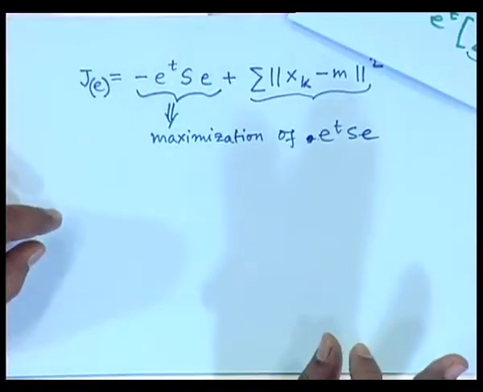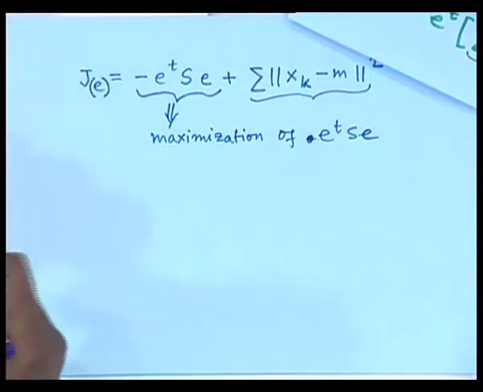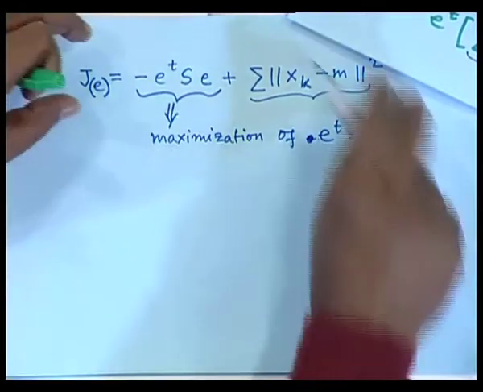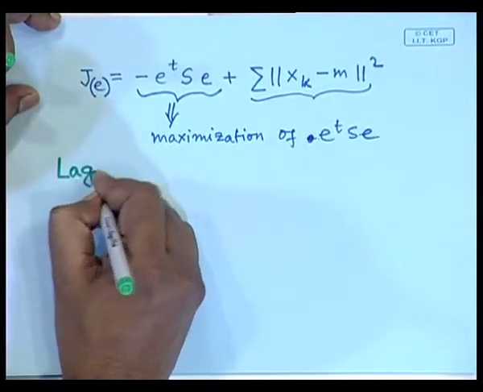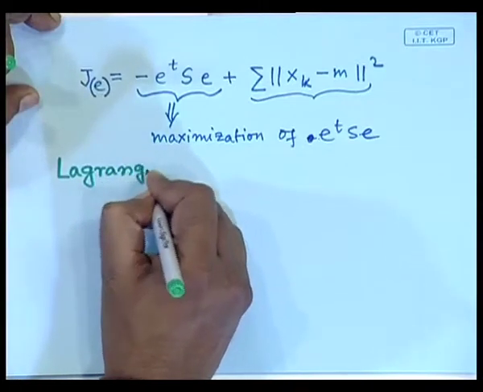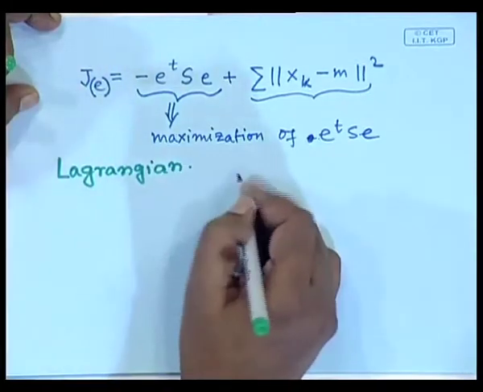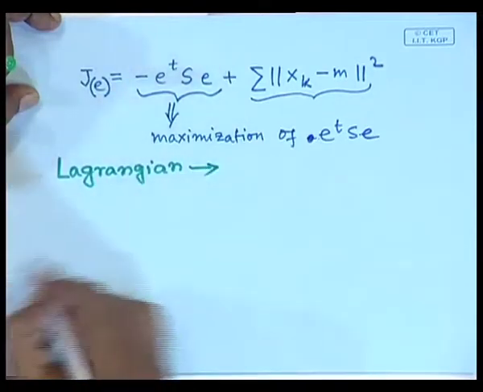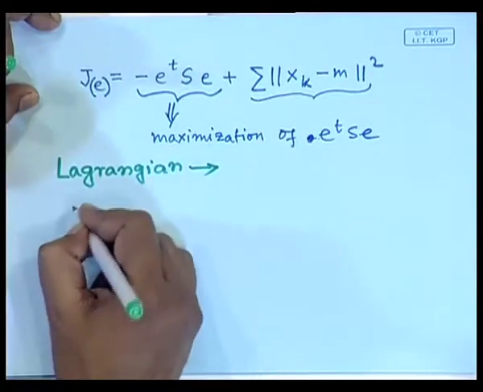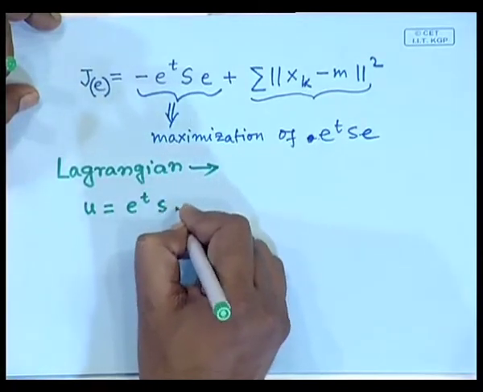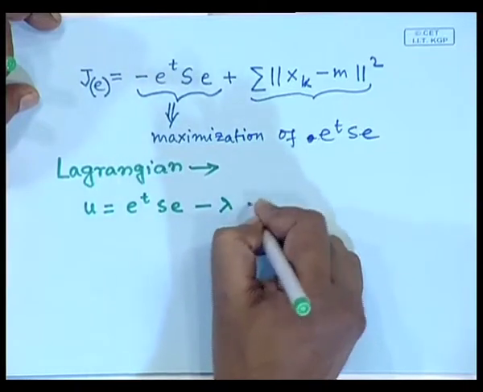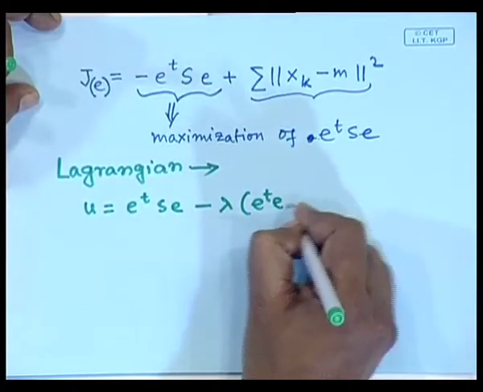Okay. So, what I have to look for is the maximization of E transpose S E. And for this maximization, if I make use of Lagrangian, I can have an expression of the form u is equal to E transpose S E minus lambda times (E transpose E minus 1).